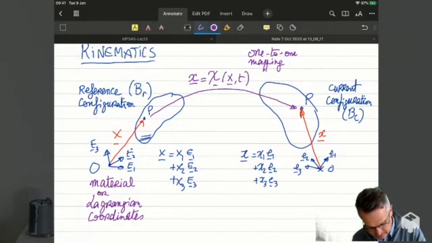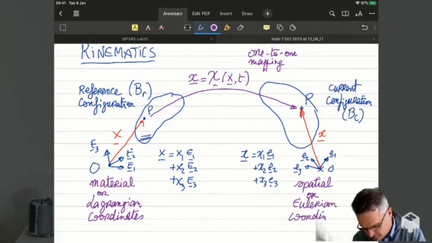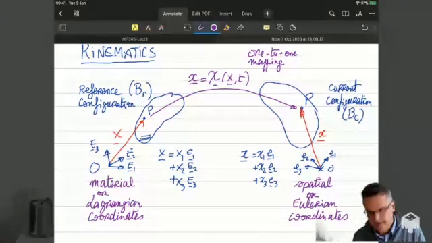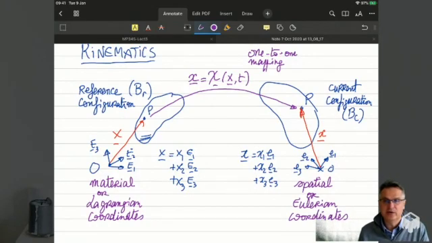And the little x's are called the spatial or Eulerian coordinates. And in this chapter, we're going to see how to go from one to another and how to describe that deformation.